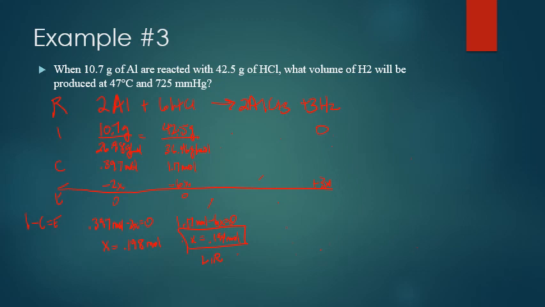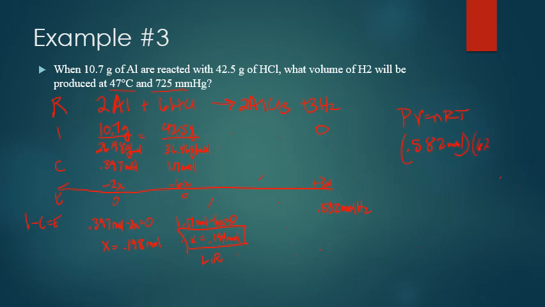So I know I can take the 0.194 and I can multiply it by 3, and that would give me 0.582 moles of H2. And then I have non-ideal conditions, 47 degrees Celsius, 725 millimeters of mercury. So I can use now PV equals nRT, and I can solve for volume. So in this particular instance, I would have the 0.582 moles.